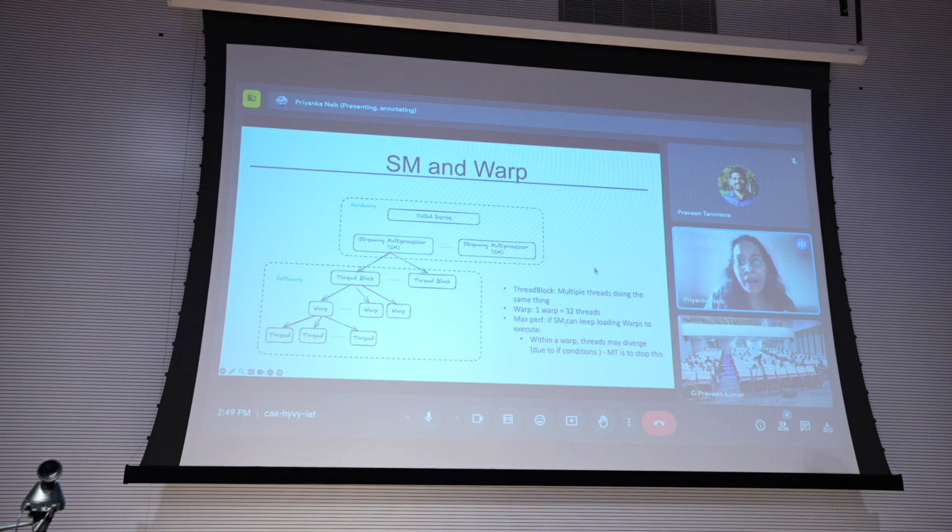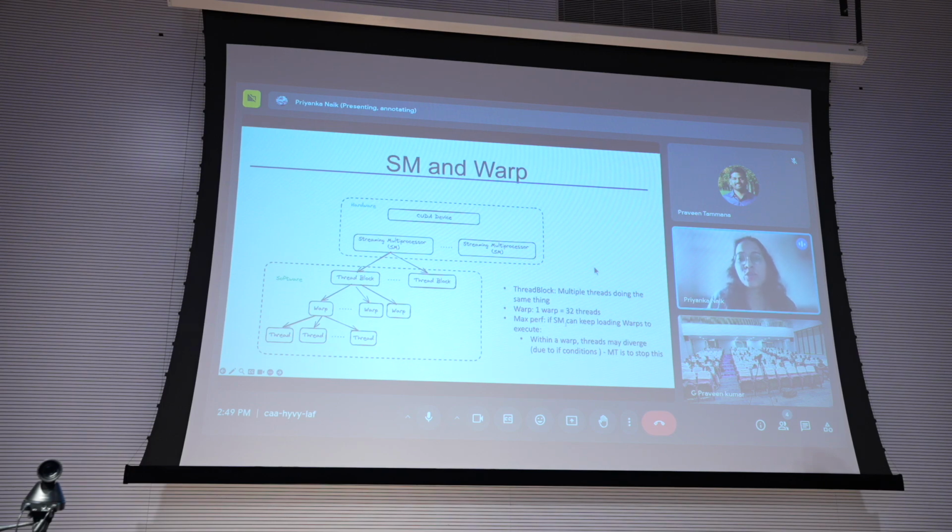And to categorize them better, or to analyze them better, or identify the issues better, they were grouped into what was called a thread block. That is, you can identify a thread block as multiple threads doing the same kind of job. One thread block can comprise multiple warps, and one warp maps to 32 threads, which traditionally we are used to running.